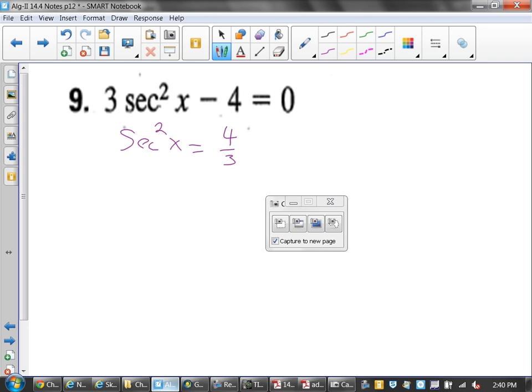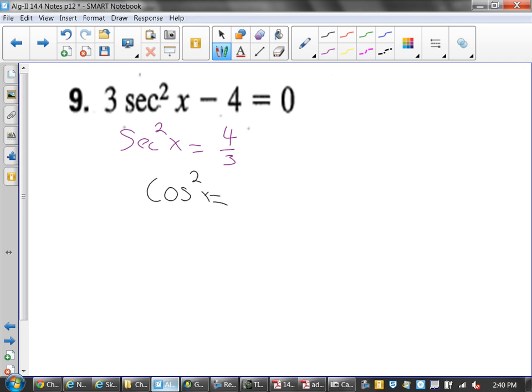Now, secant squared is the inverse of what? Cosine. So if I take the inverse on the left-hand side of this equation, what would I have to do on the right-hand side? Inverse. What's the inverse of secant squared? Cosine squared. What's the inverse of 4/3? 3/4.